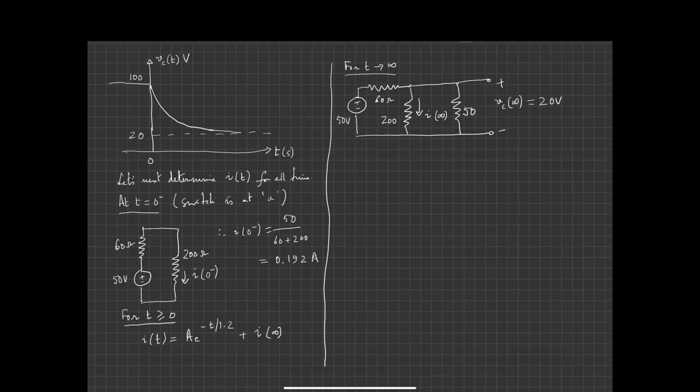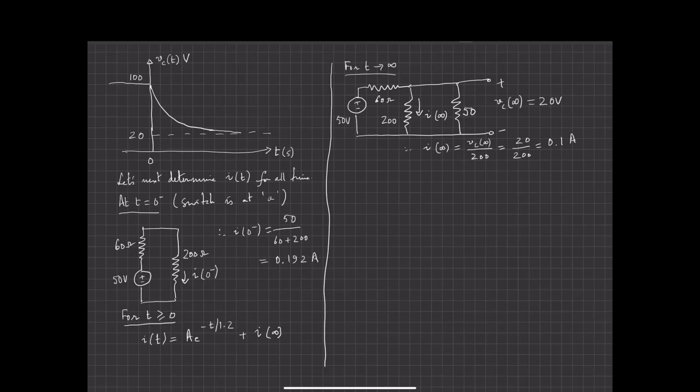Well, if I know the voltage across the 200 ohm resistor, I immediately know I of infinity is VC of infinity over 200, which is 20 over 200, equal to 0.1 amps.